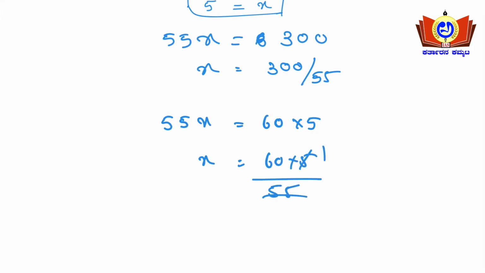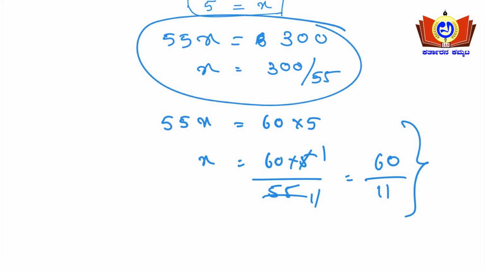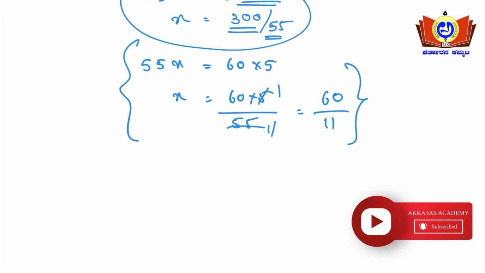So 5 1 times and 5 11 times, so that is nothing but 60 by 11. This is easier when I take smaller numbers to calculate. Okay, 60 by 11 I have got here.